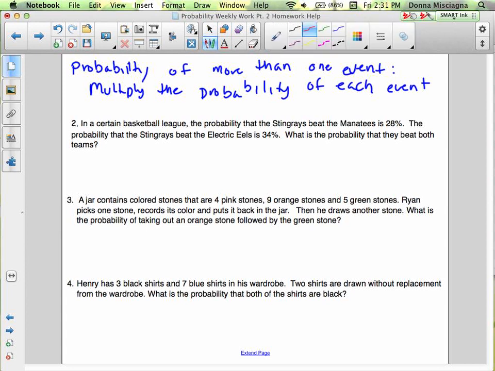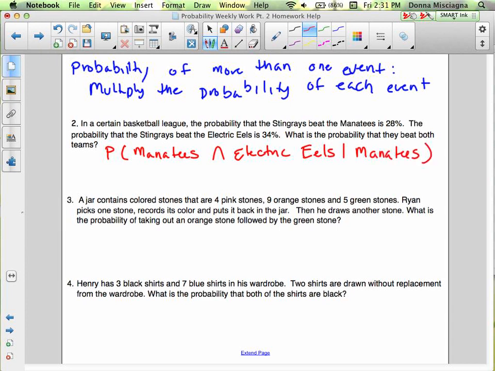So this is the probability of manatees and the probability of electric eels given that they already beat the manatees.